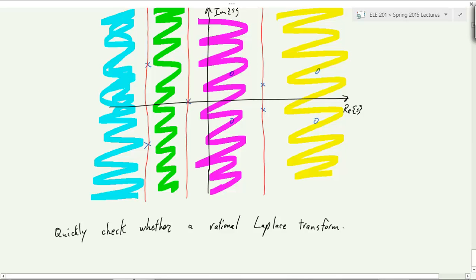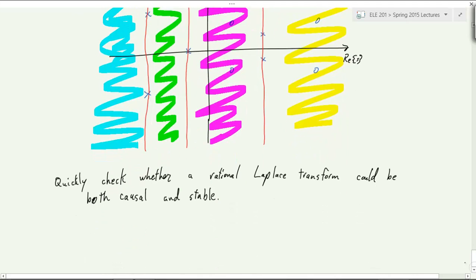Okay, so let's do that example. So how do we check that? Well, given the Laplace transform location of the poles, we know exactly which regions of convergence could exist for that Laplace transform.